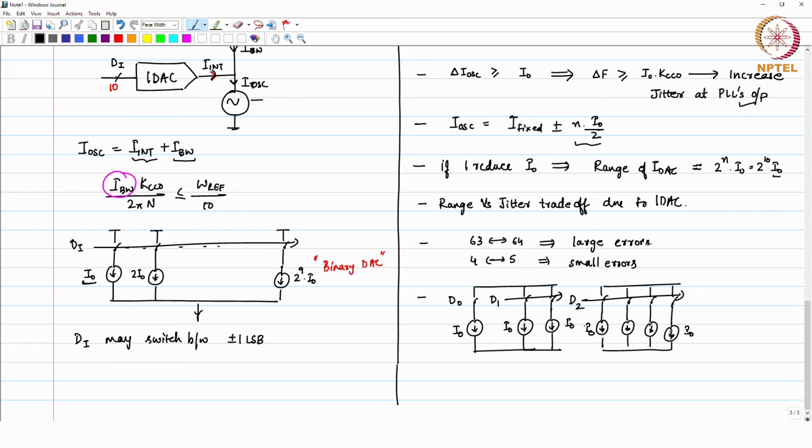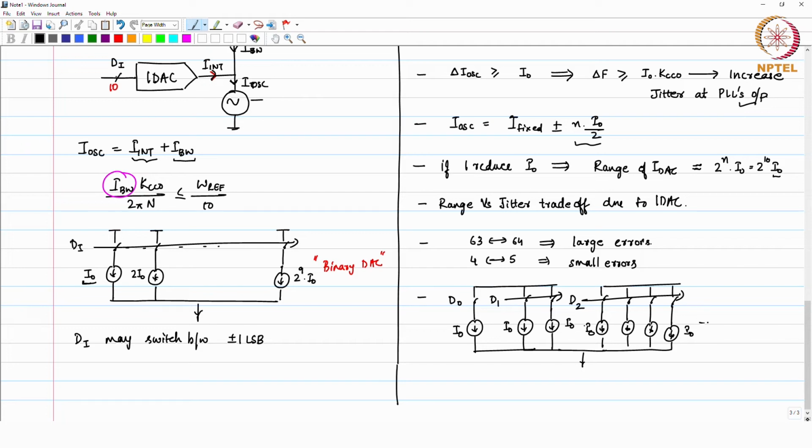So, you have to spread it out, and if you implement in this particular manner, then the matching between the current sources is good. The errors while switching from one value to the other, while changing only one LSB, will be minimum.